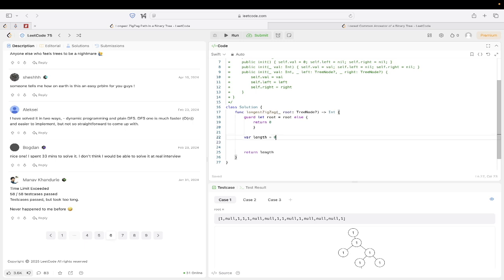Okay, so what are we going to do? We can use a stack again. Okay. We're gonna have our node as always.